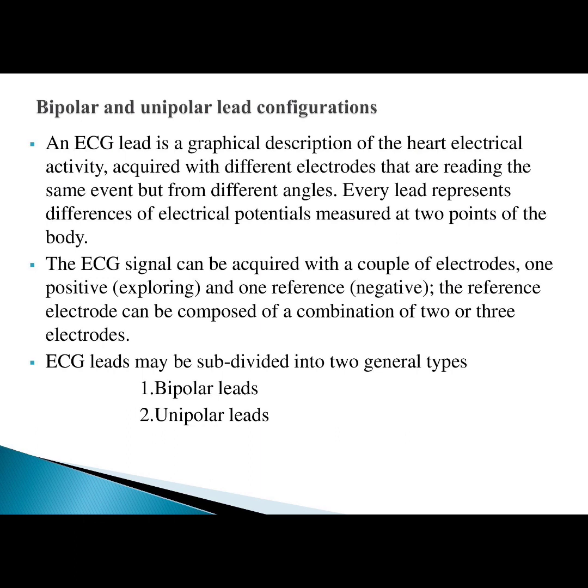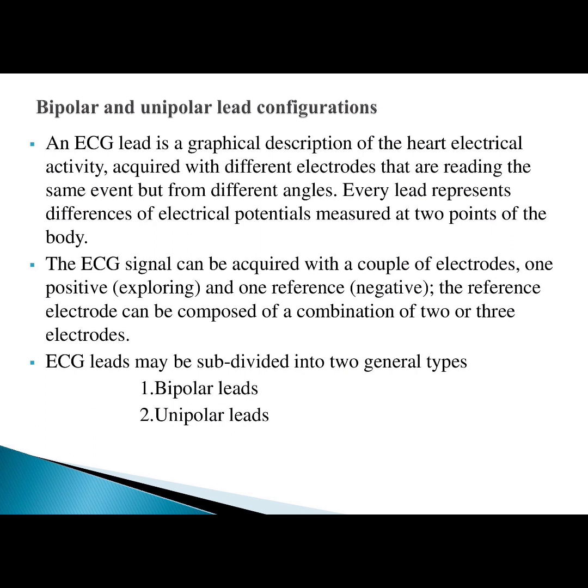Bipolar and unipolar lead configuration. An ECG lead is a graphical description of the heart's electrical activity, with different electrodes reading the same event but from different angles. Every lead represents a difference of electrical potential measured at two points of the body.